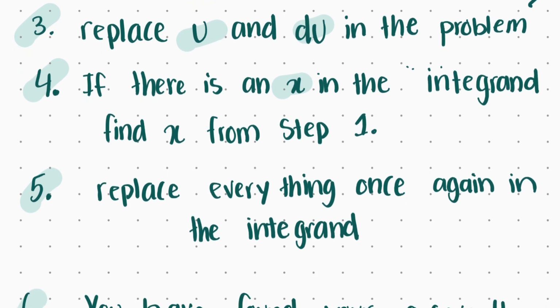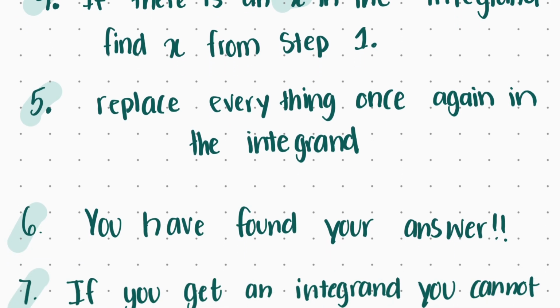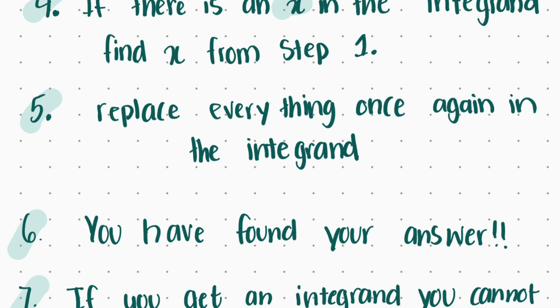Step 5 is replace everything once again in the integrand, including the value of u, the value of du, and the value of x, which you have now got in terms of u. And make sure everything in that integrand is in terms of u. And the 6th step is that you solve the integrand and then you have found your answer.